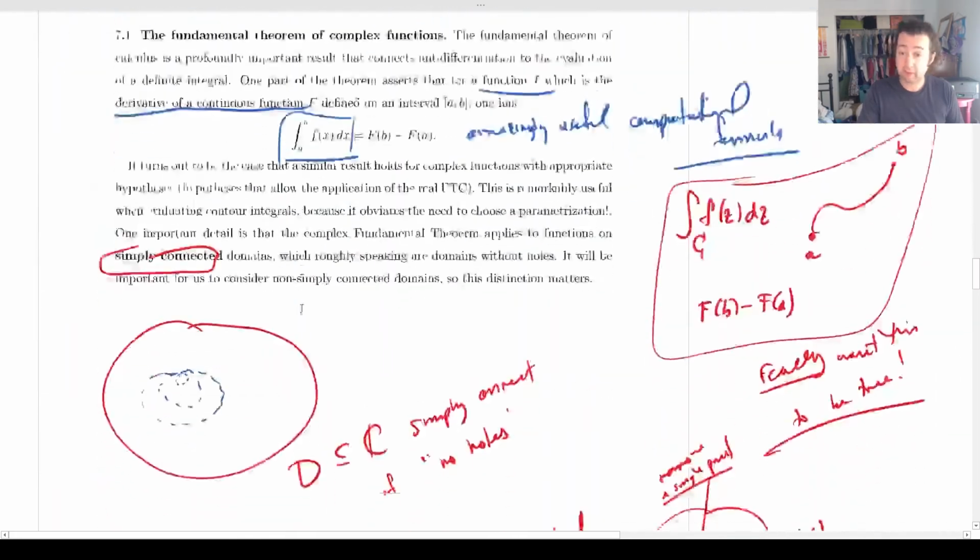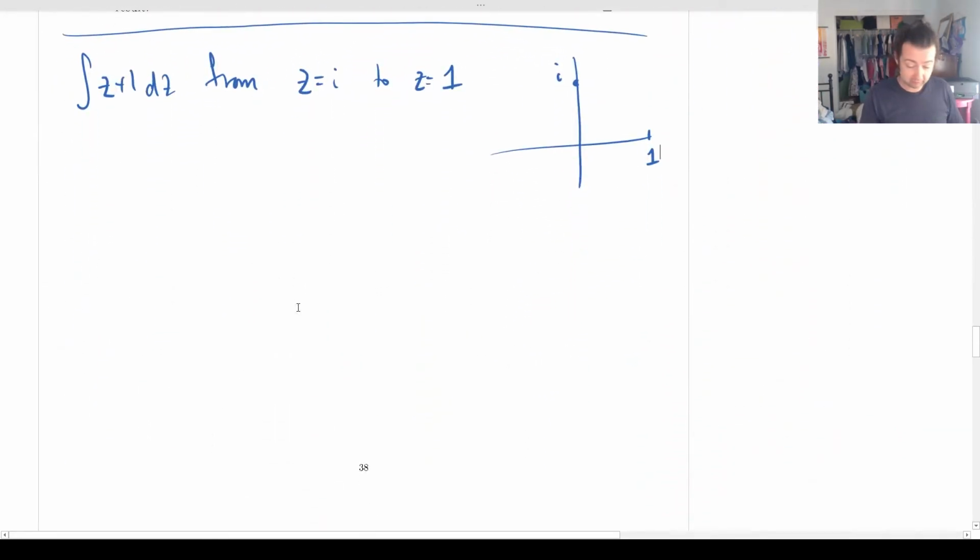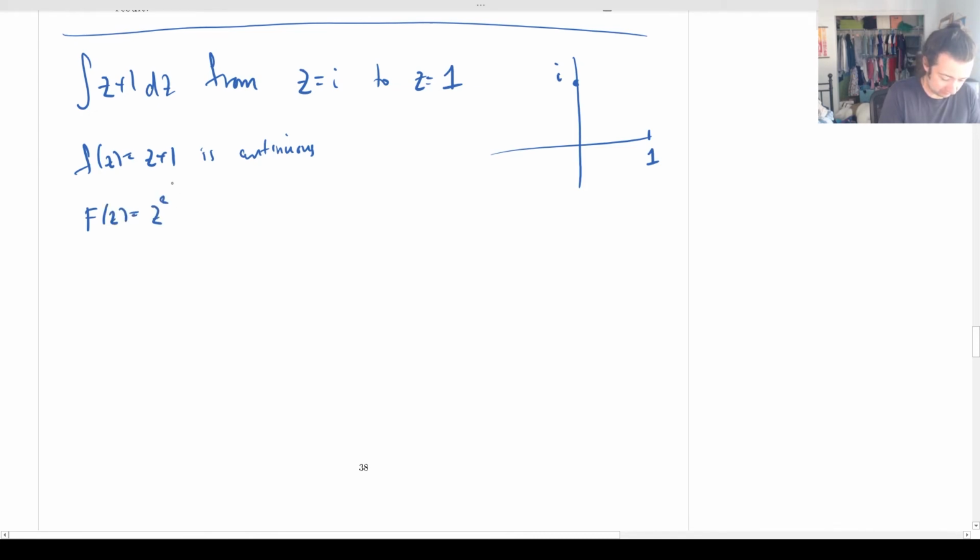Using the fundamental theorem of calculus, this function, f of z equals z plus 1, is certainly continuous. And I know what its antiderivative must be because it's a polynomial. I can just integrate it. So capital F of z is equal to 1/2 z squared plus z.